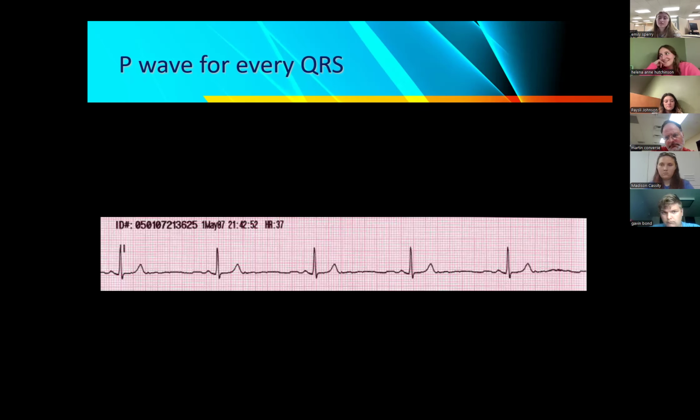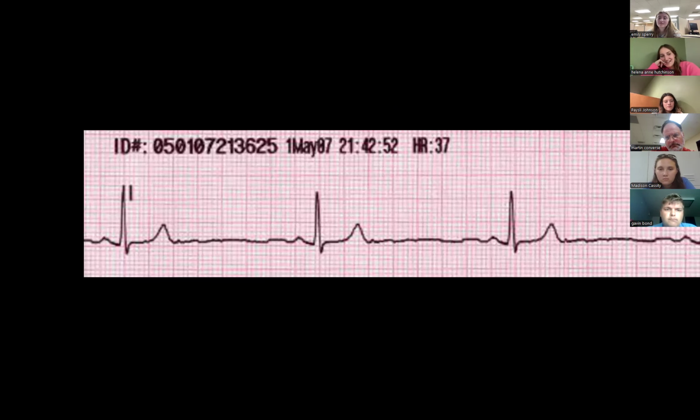Excellent. So let's magnify this up just a bit. What can you tell me about the PR interval as far as its width? Four small boxes. Okay. And that would be how much time? 0.16 seconds. Perfect.